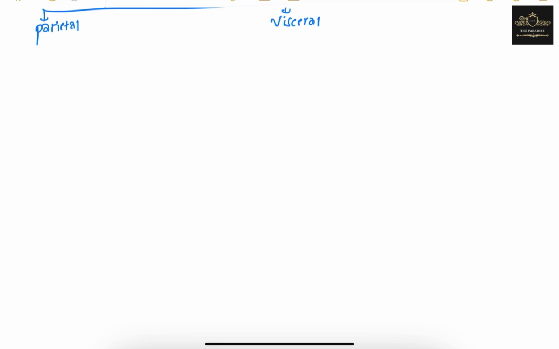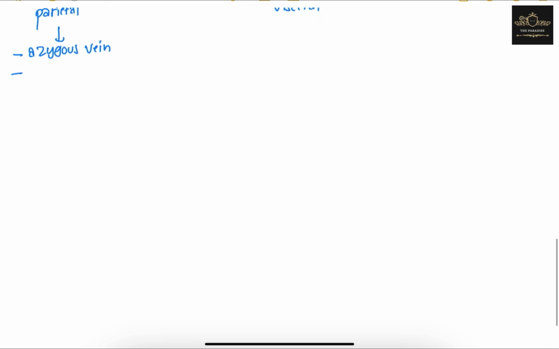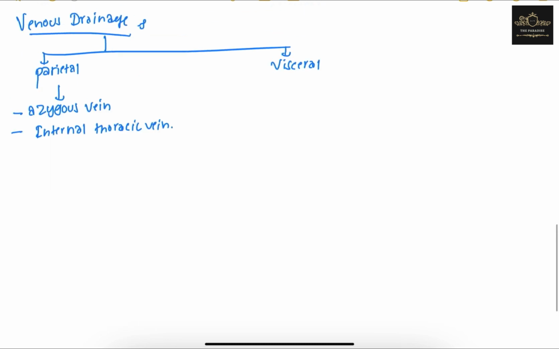So parietal pleura, veins mostly drain into the azygos vein and internal thoracic vein. It is mainly corresponding with the arteries.